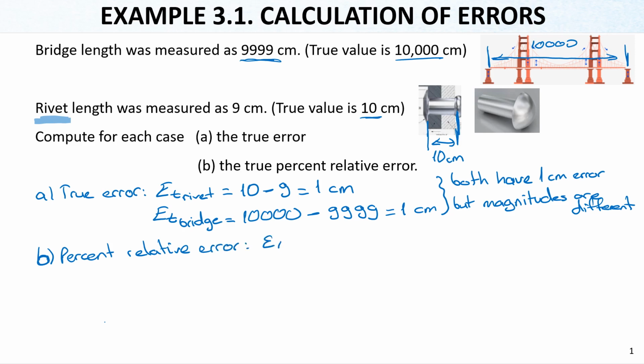Remember that this was shown by Ch03 and it was equivalent to the true value minus the approximation, divided by the true value, times 100%. Simply, we normalize by x. And for the rivet, Ch03 rivet is 10 minus 9 divided by 10 times 100, which is equivalent to 10%.